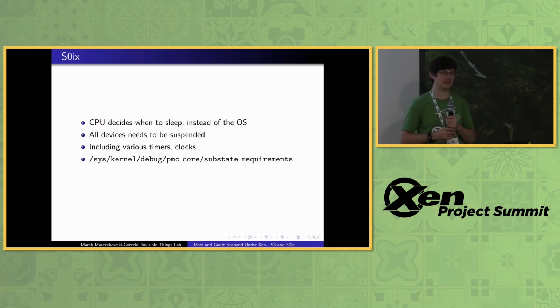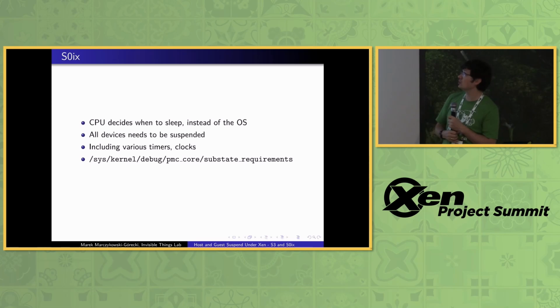The nice thing is that if you fail to suspend something, you don't end up in a broken state. But the bad part is, if you fail to suspend everything and put your laptop in a backpack, you end up with a very hot laptop, which is not great.